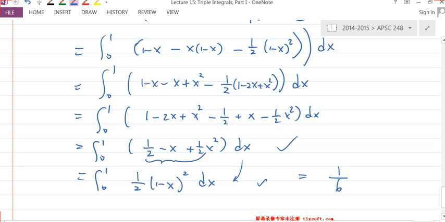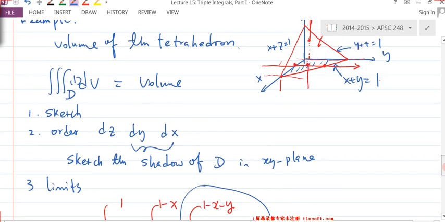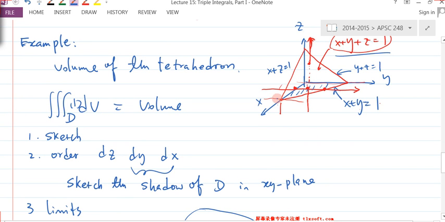Is that okay? So if you like, you can try, what's the bottom area? The bottom area is 1 half times 1 times 1, which is 1 half. And the height is 1, and then times 1/3. So it's 1/6. And that's what we get, right?